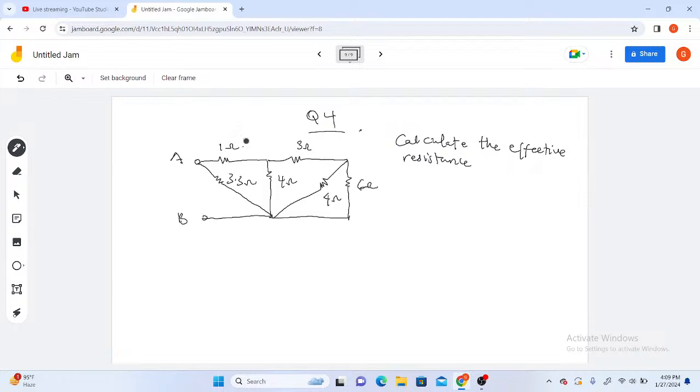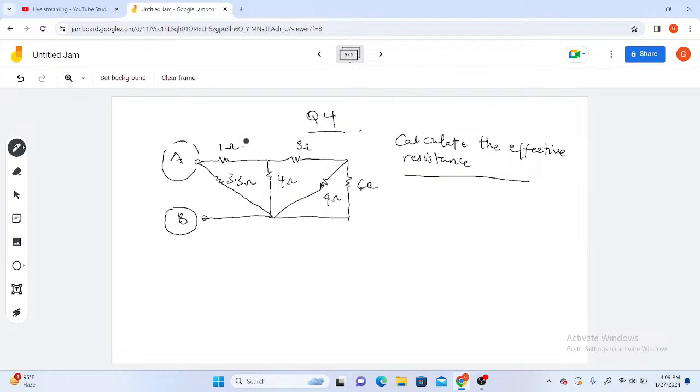The problem is calculate the effective resistance of this circuit, and I have these 2 terminals. Across the 2 terminals, I have a set of resistors here, 1 ohm here, 3 ohm here, 6 ohm here, 4 ohm, 4 ohm. And I am to find the total resistance of all these resistors.